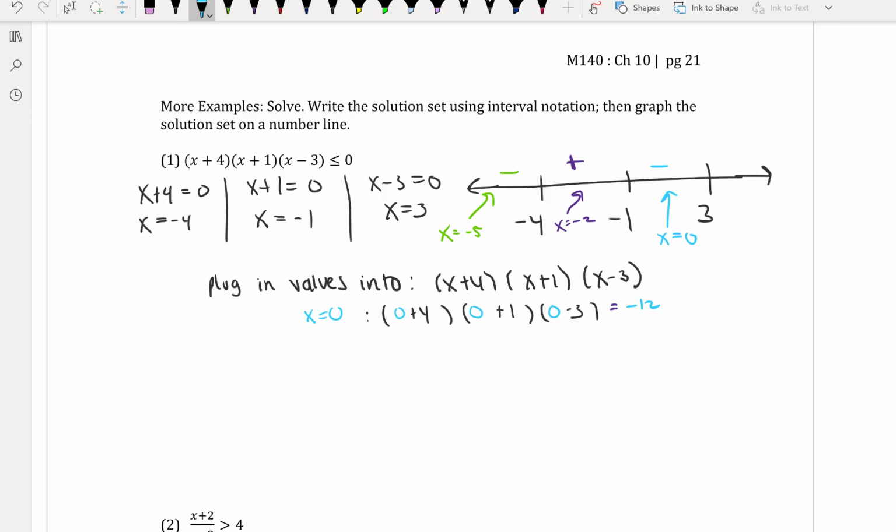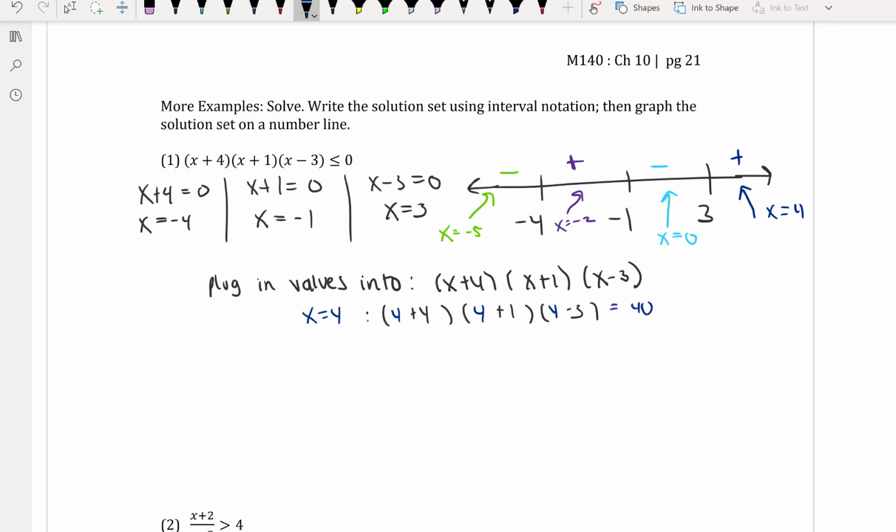And now I just need one more value. So pick something over here. Let's try x is equal to positive 4. So I have 4 plus 4, 4 plus 1, and 4 minus 3, and I get a positive 40.